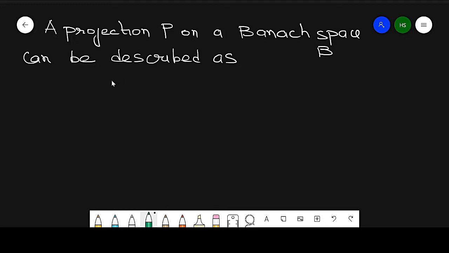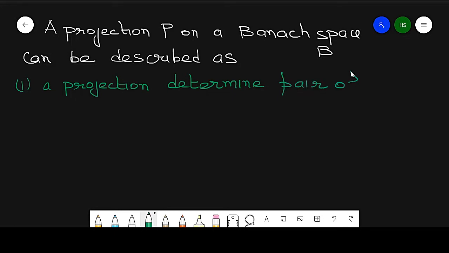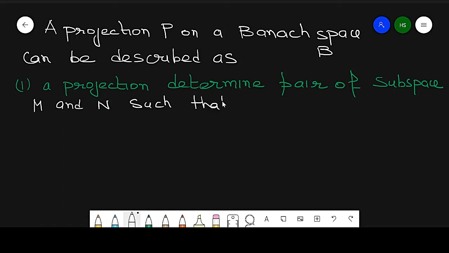Number 1, a projection determines a pair of linear subspaces, called M and N, such that B is the direct sum of M and N.